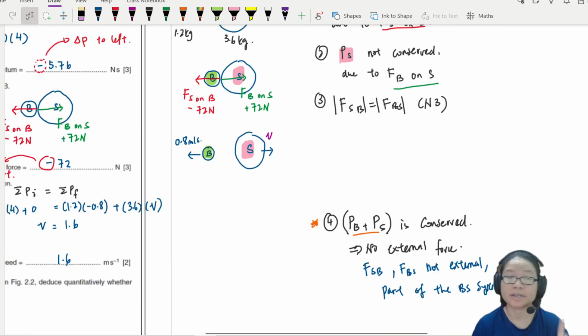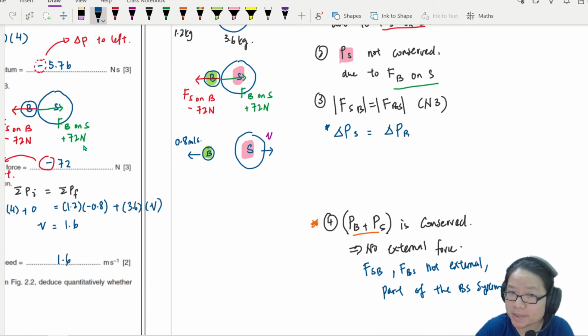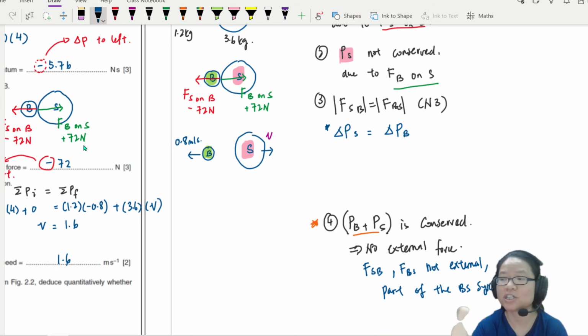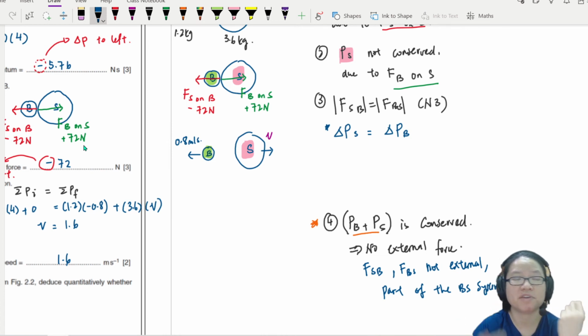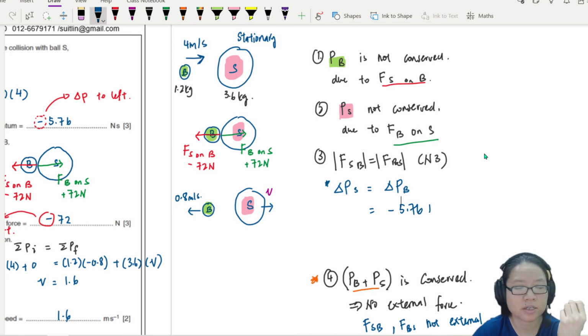This means that I can add another point here in my four points, or a caveat, side note here. The change in momentum of S will be equal and opposite to the change in the momentum of B, because the contact time is the same. It's a bit like our total change is the same. So if the momentum change of B is negative 5.76 Newton second, then the momentum change for S will be positive 5.76 Newton second.